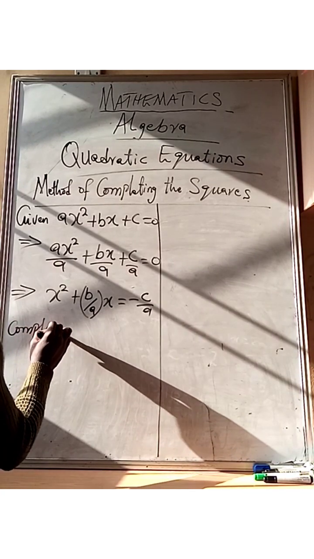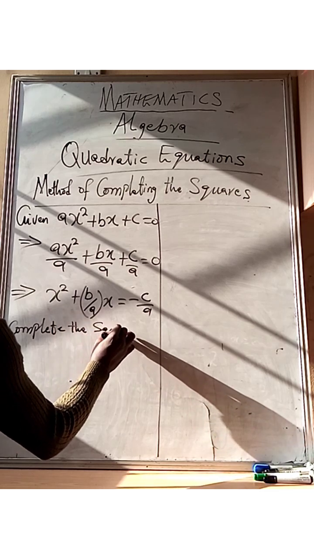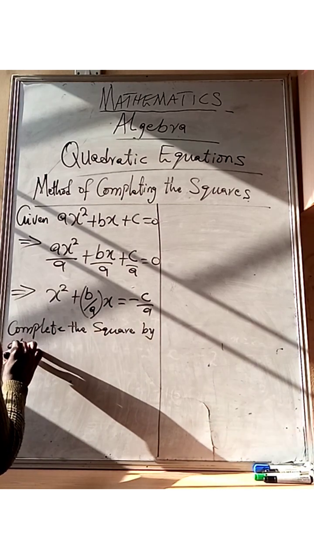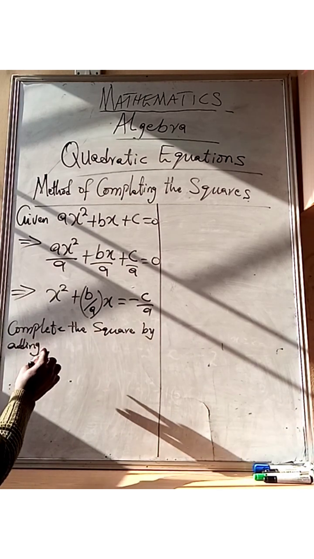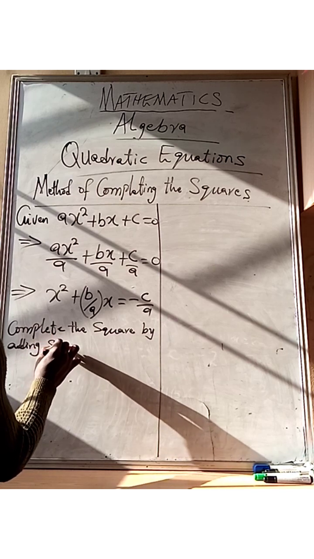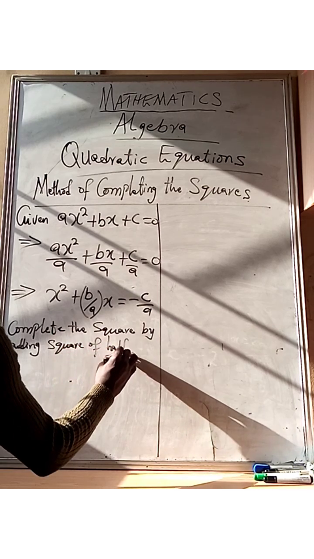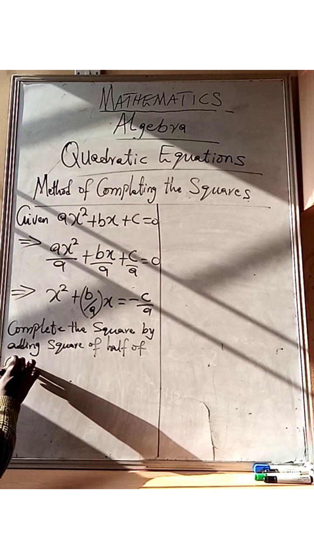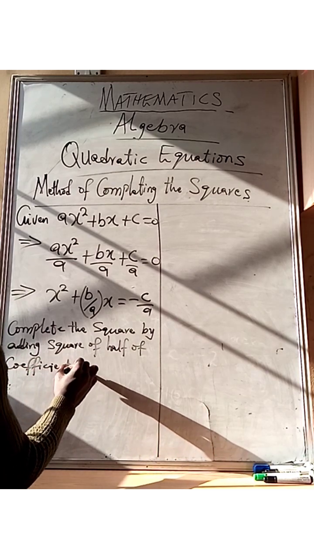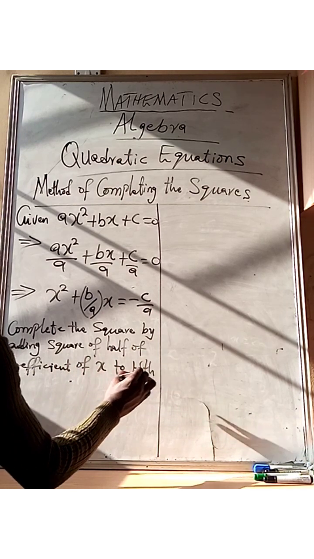Complete the square by adding the square of half of the coefficient of x to both sides.